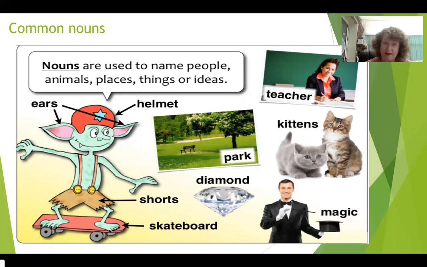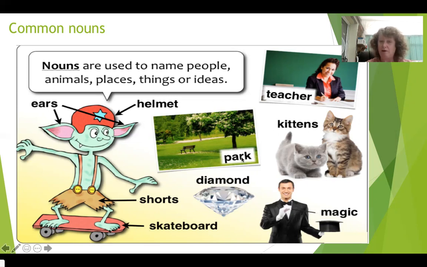So his hat or his cap or his helmet is just called helmet. You see here? That is a common noun. Ears, common noun. Shorts, they're a common noun. And skateboard. That's because these could be any shorts or any skateboard, not a specific one, but any one.